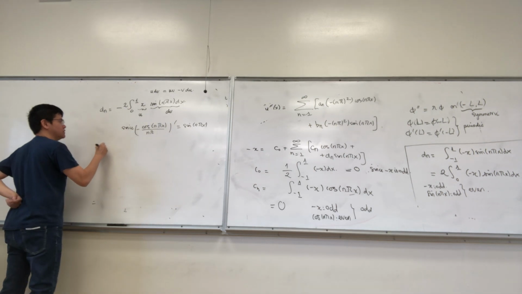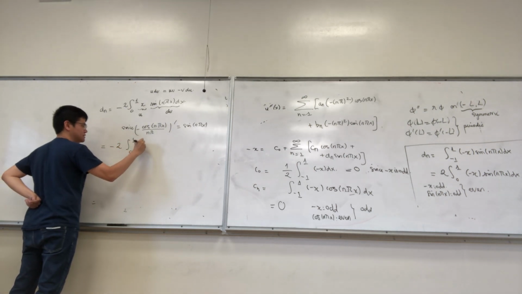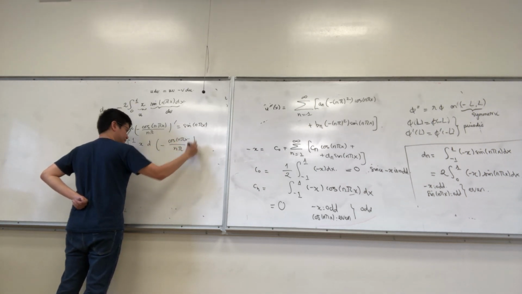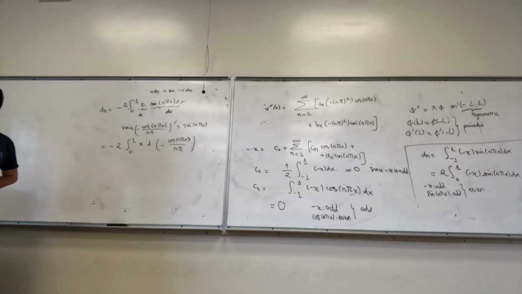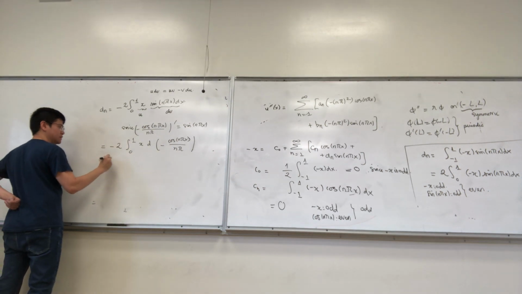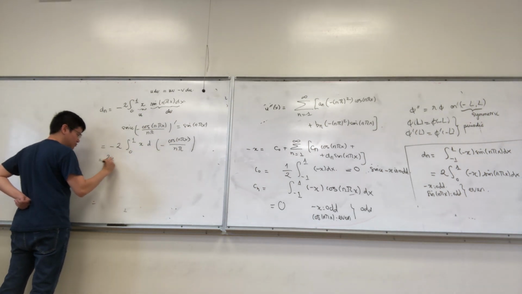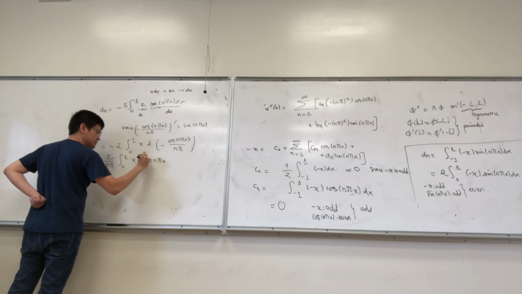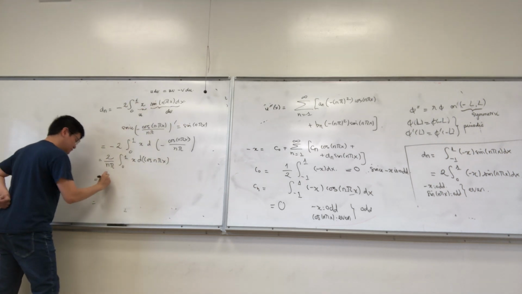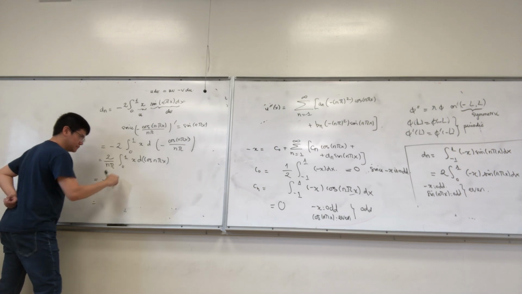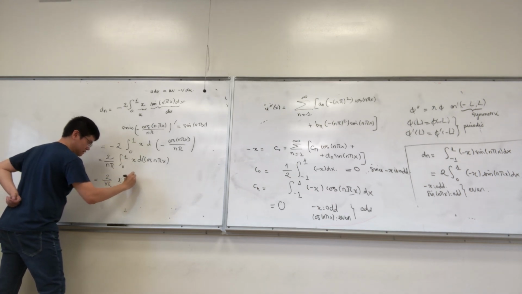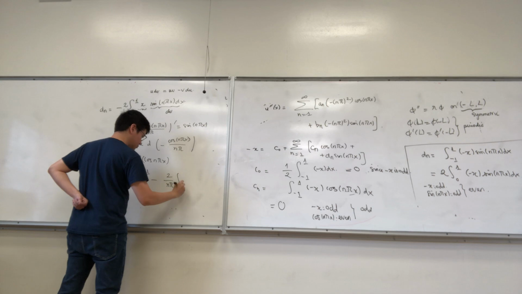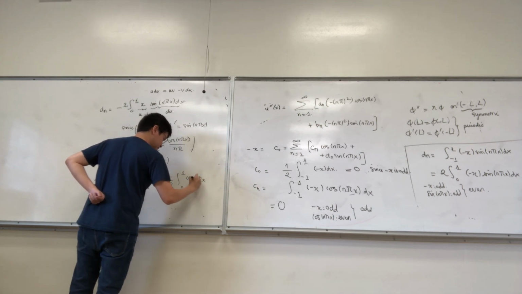So I'm gonna use this formula: the integral from 0 to 1 of x d of minus cosine n pi x over n pi. I move the constant outside, so I have 2 over n pi times the integral from 0 to 1 of x d of cosine n pi x. Now I use the formula: 2 over n pi times x cosine n pi x evaluated at 0 and 1, minus 2 over n pi times the integral from 0 to 1 of cosine n pi x dx.